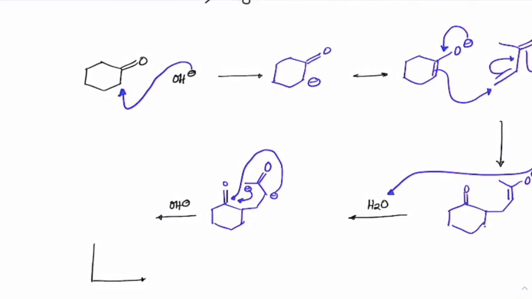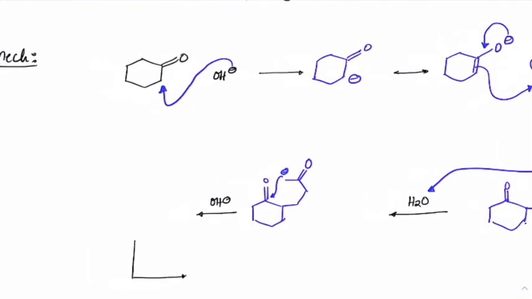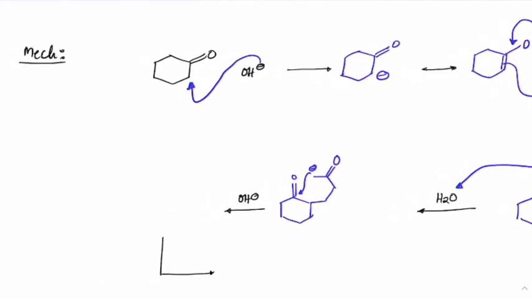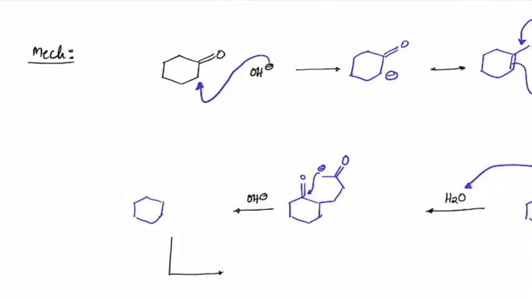So this is not feasible. So we will remove this. And if the attack happens from this end, it will make a 6-membered ring formation. So the carbanion will attack from this end, and we would get this as OH with connection here. Okay, I'll write this OH here, it becomes easy.